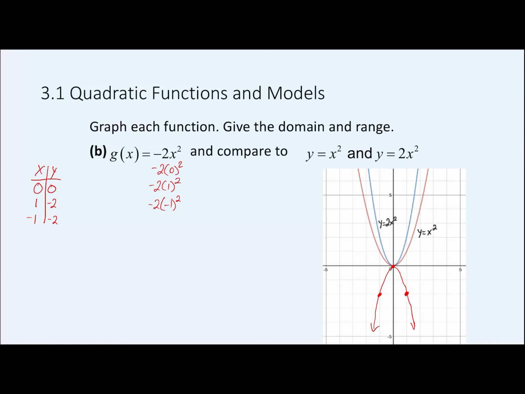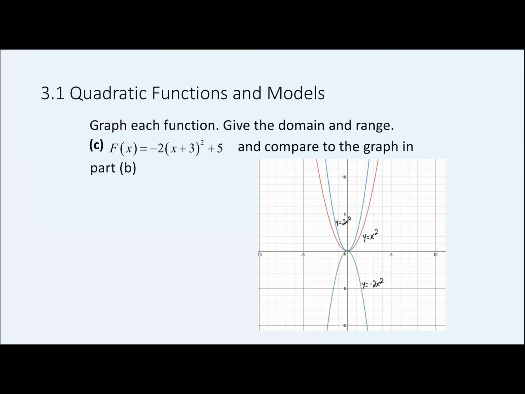It is more narrow than the original parent graph, but it is the same width as the 2x squared, because remember that the number in the front tells us how wide or narrow it is. If it's 2 or -2, the width is the same. It's just that one opens up and one opens down. In this case, you can see this one opens down.